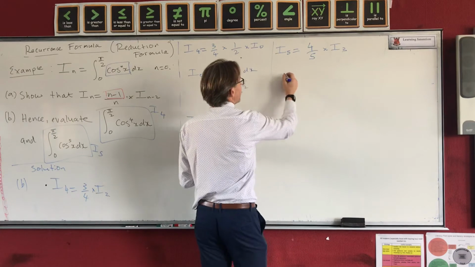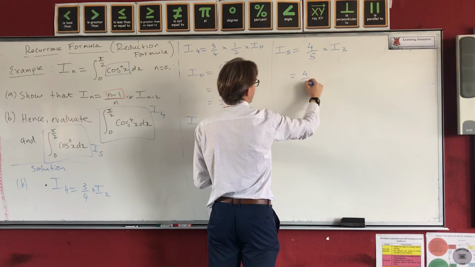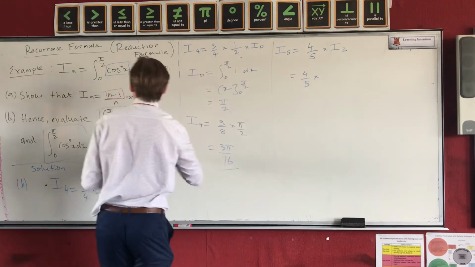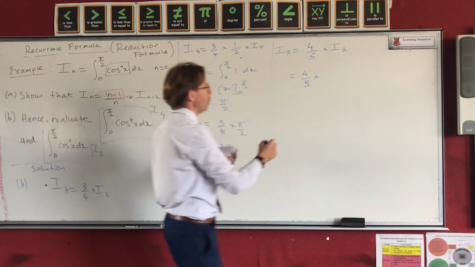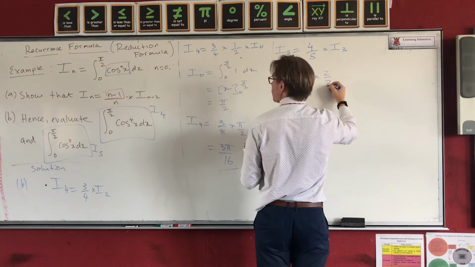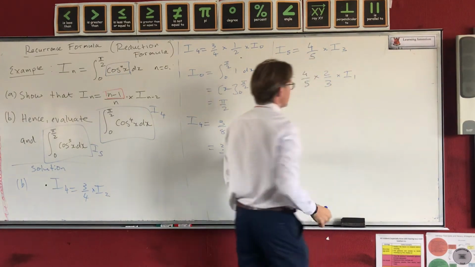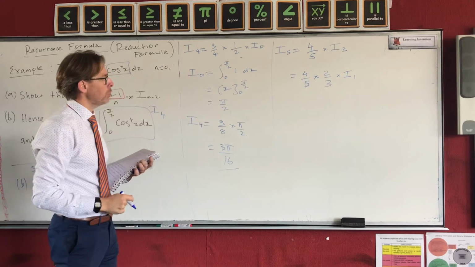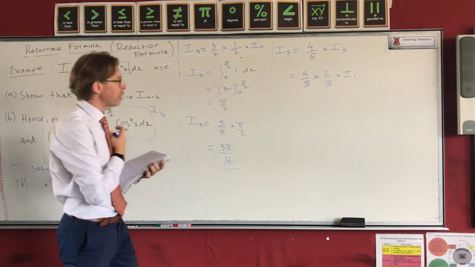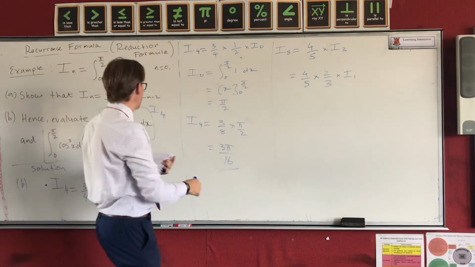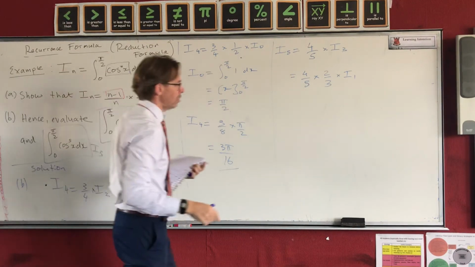Then that's equal to 4/5 times, now I3 will be 3 minus 1 is 2, 2/3 times I1. Now we're going to stop there because we can't keep on subtracting here. We're going to run into negative I's here, so that's not going to be good.